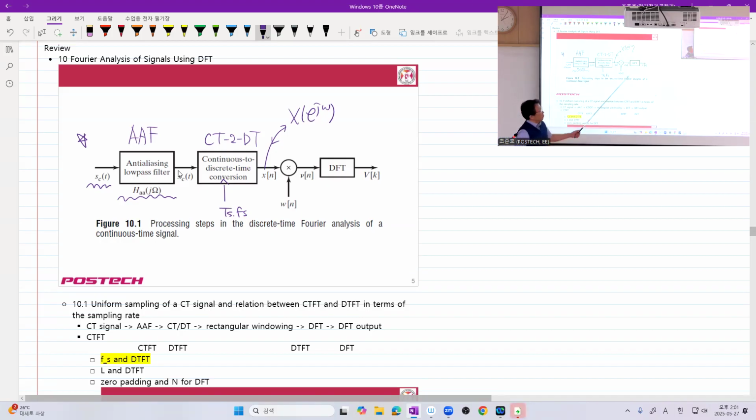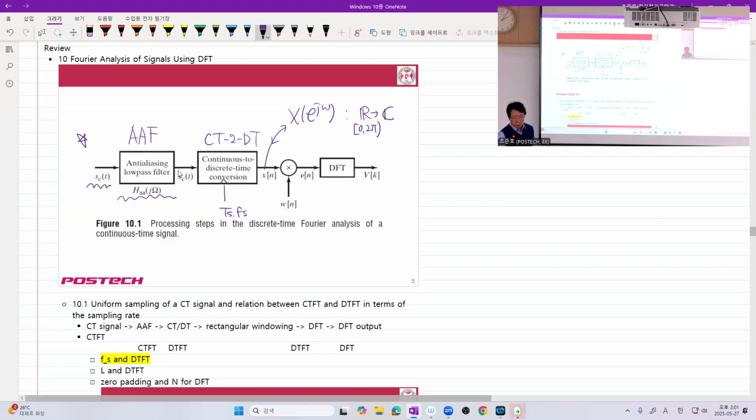Unfortunately, in this computerized era, we don't want to compute this function that is a function from R into C. Of course, omega can be limited to 0 to 2 pi, but still, this set is an uncountably infinite set.